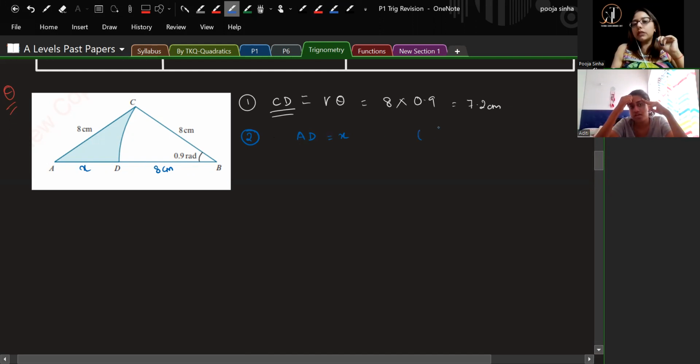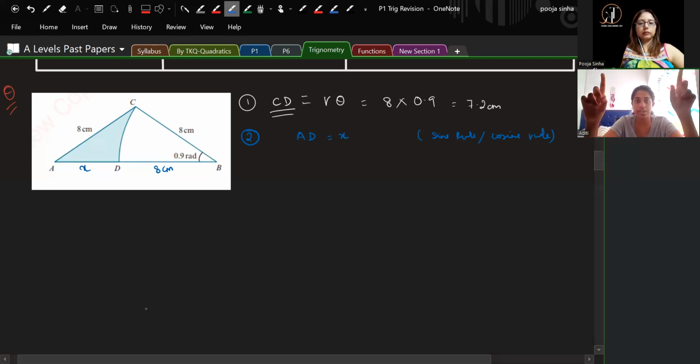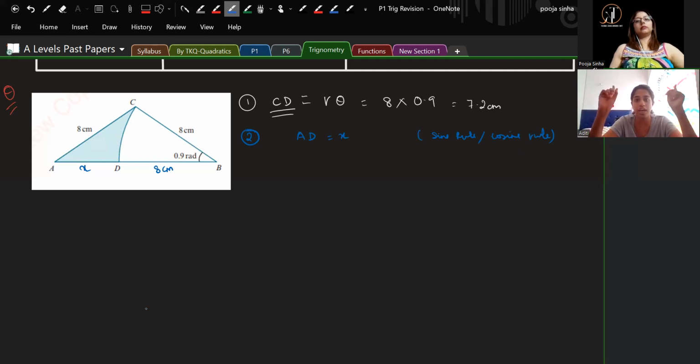You remember there were certain rules called the sine rule and the cosine rule. Since ABC is an isosceles triangle, angle CAB is equal to angle CBA.